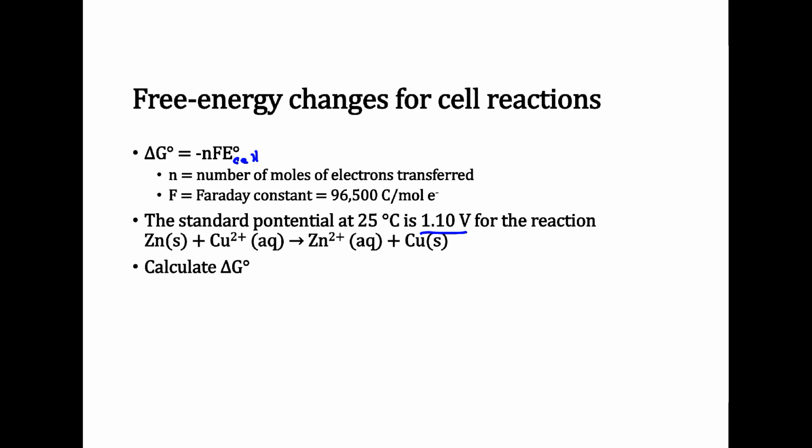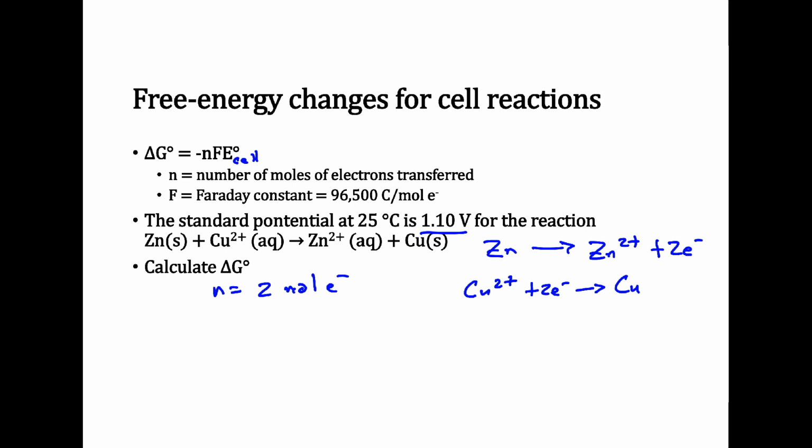If we think about the two half reactions, zinc goes on to form zinc 2+, and it lost 2 electrons, whereas copper gained 2 electrons. So here, n is equal to 2 moles of electrons.